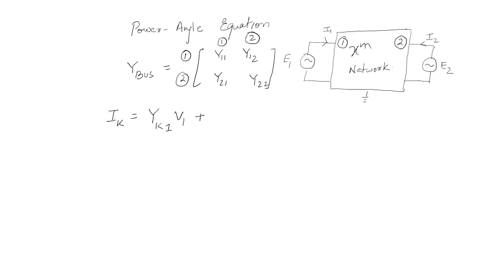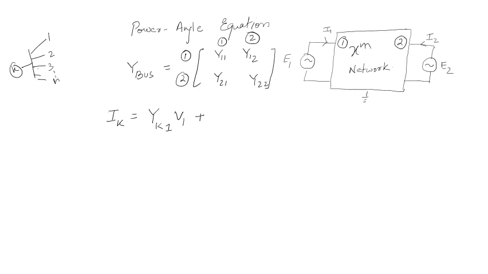Now suppose there is a bus and this is the kth bus, and this is attached to 1, this is attached to 2, this is attached to 3, and so on up to n.